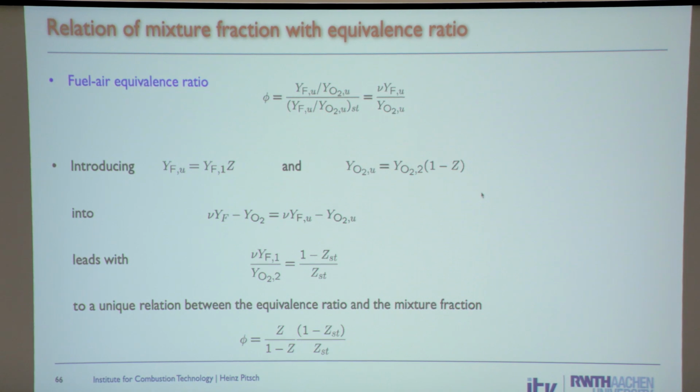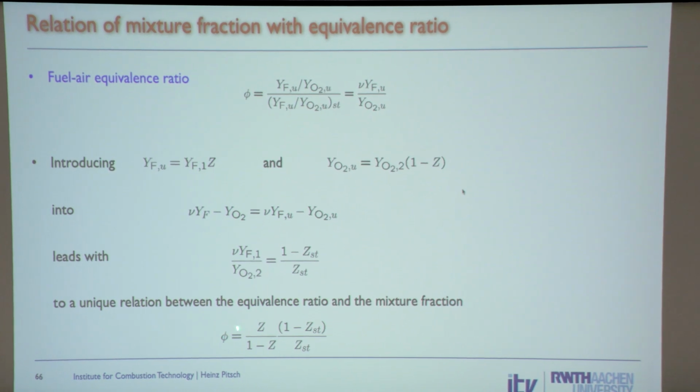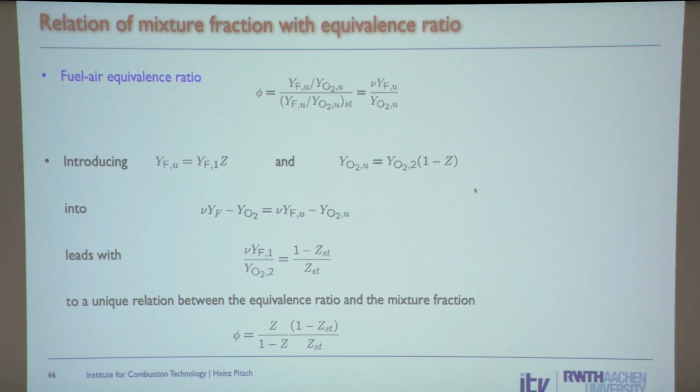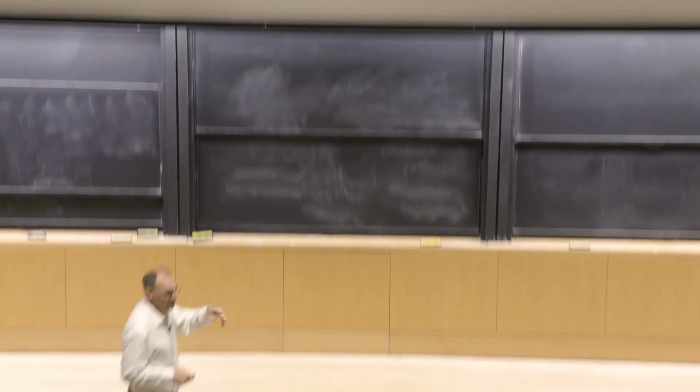For a certain fuel, it depends on the stoichiometric value, which depends on the fuel, but if you fix the fuel and I give you a local value of the equivalence ratio, then you can immediately determine the value of mixture fraction, or vice versa, okay?